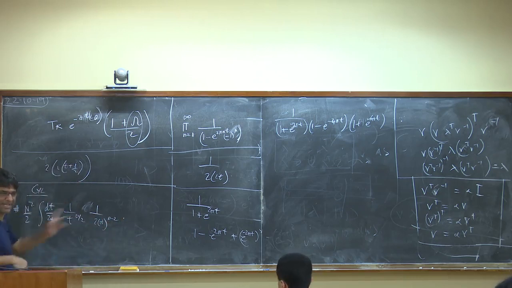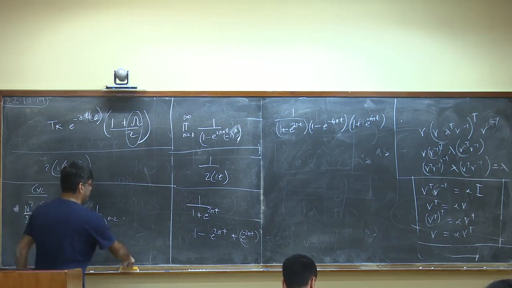We're assuming the ghosts have been taken out. That's why the d minus 2.